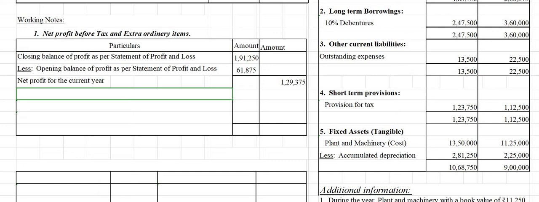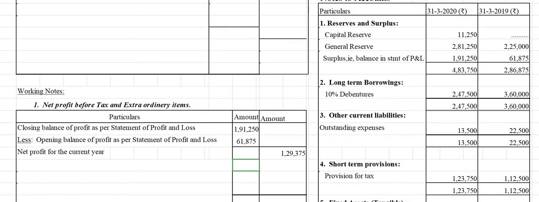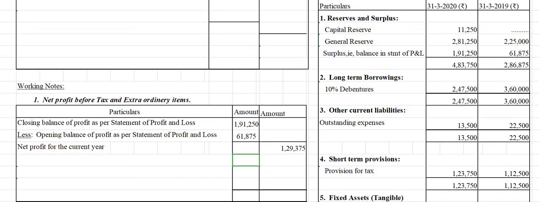So which are the appropriations? First, transfer to reserve is there. Transfer to reserve, we can see reserve opening balance was 2,25,000 and closing balance was 2,81,250. So the difference is the amount transferred to reserve. So we can write here transfer to reserve.